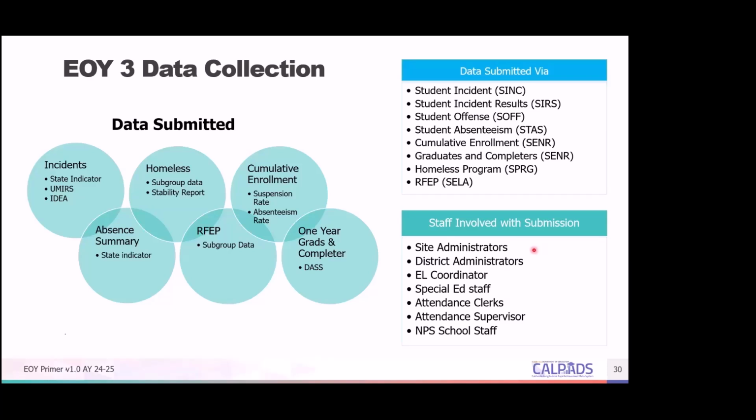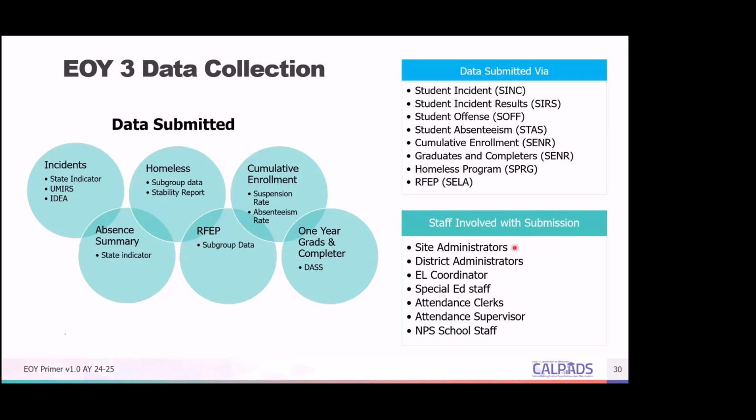We do have a list of staff involved in the end of year three submission, but again, this data submission impacts nearly every aspect of your LEA. So this may not be a thorough list for you, and I would invite you to reach out to other folks if you determine that they become relevant to the data that's submitted in end of year three.